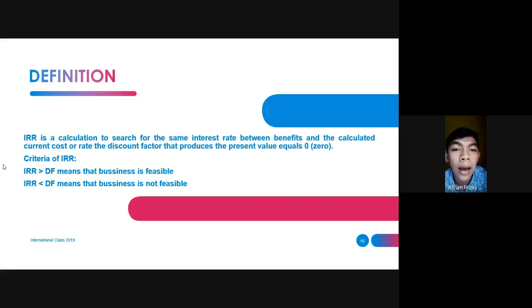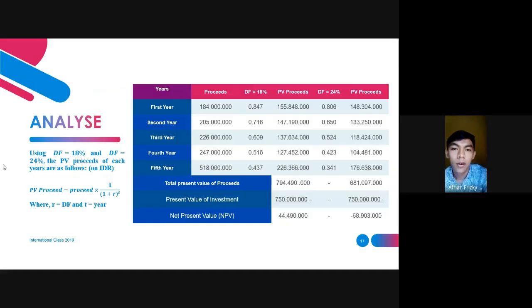The criteria of IRR: when the IRR is greater than DF, the business is feasible, and when the IRR is less than DF, the business is not feasible. Okay, next.